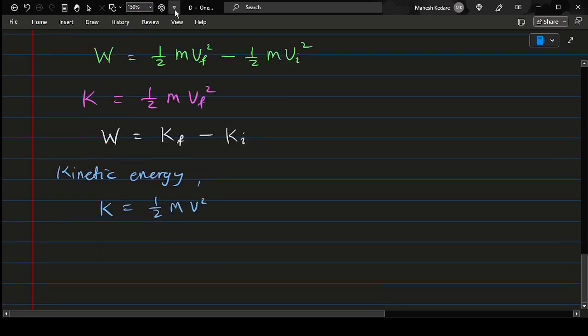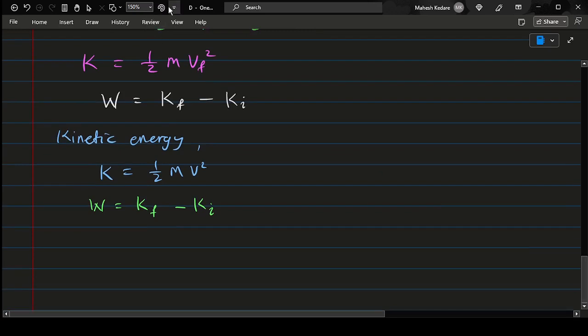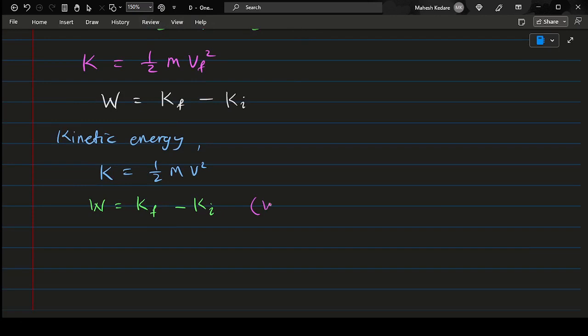And we have a result that the work done is equal to change in kinetic energy, final kinetic energy minus the initial kinetic energy. This result is known as the work kinetic energy theorem.